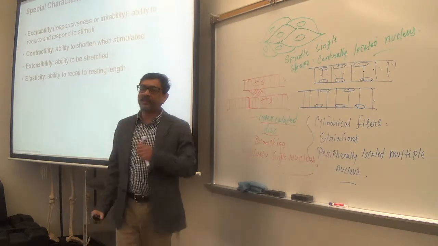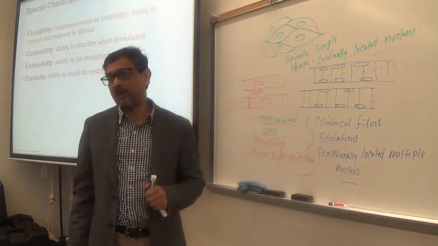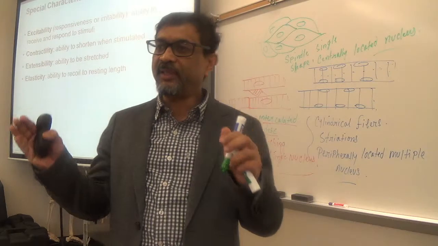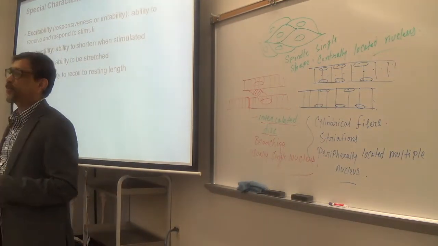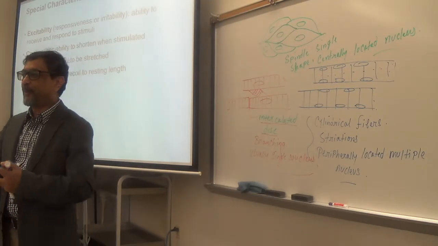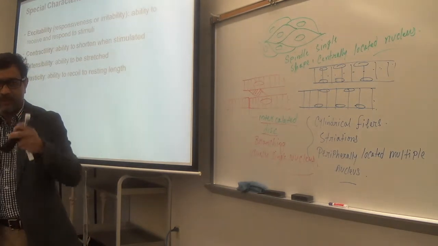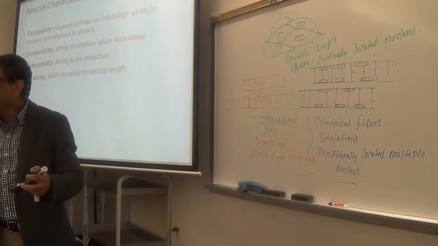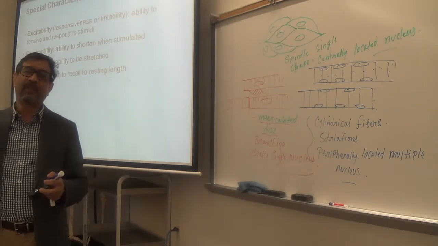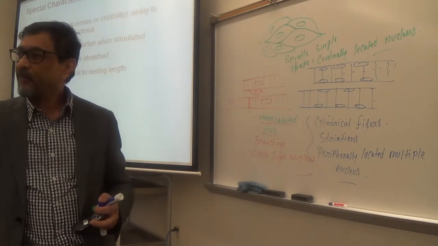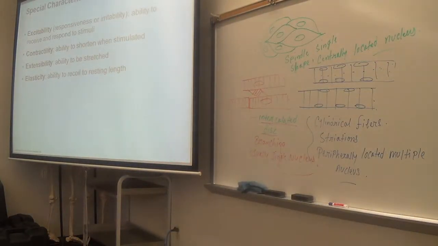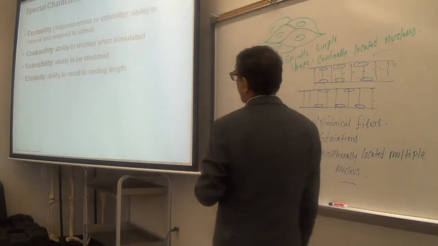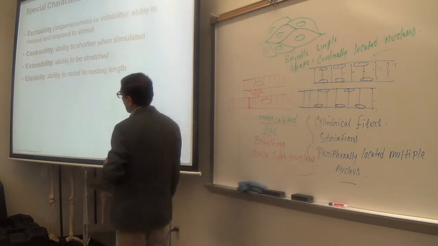So excitability is the ability to respond to a stimulus. Like if I poke your muscle, hit your muscle, it will respond, right? How will it respond? By showing contraction. So contractility is another property of the muscle, shortening.